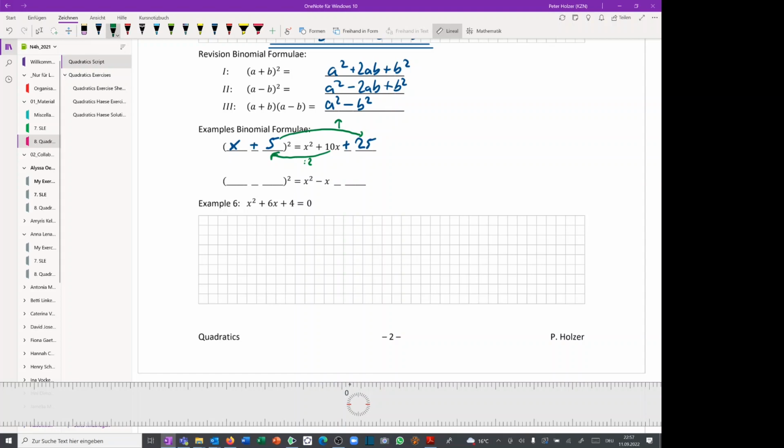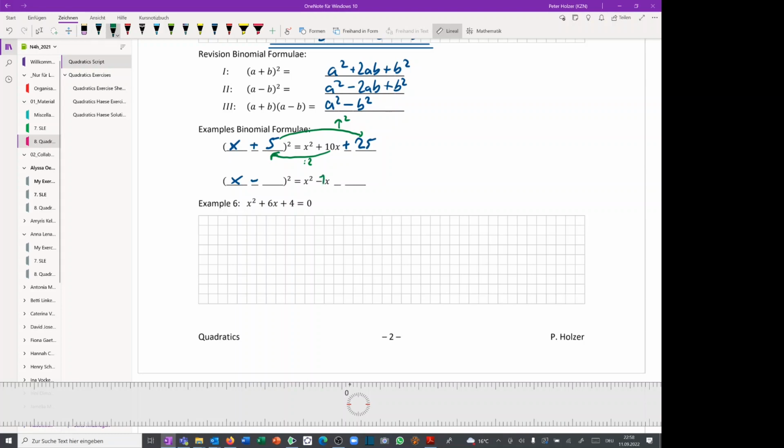The same with the next example, x squared minus x, so we get x, then because of the minus, we know it will be also a minus here, because of the minus before the minus x. This means we have here minus, then what we actually have here in front of the x is a 1, minus 1.